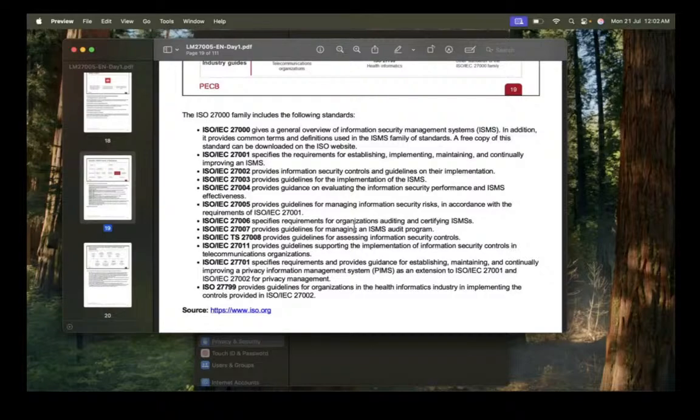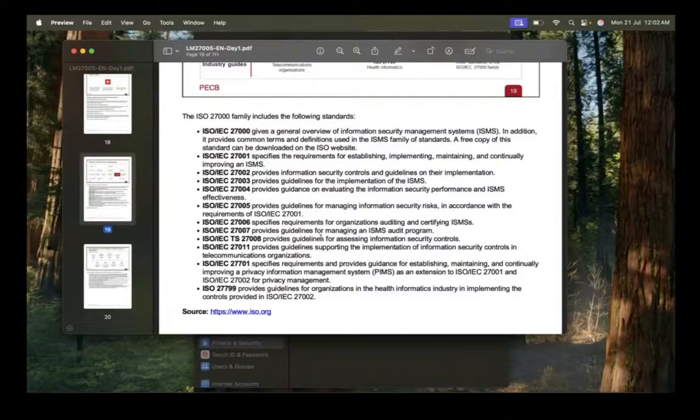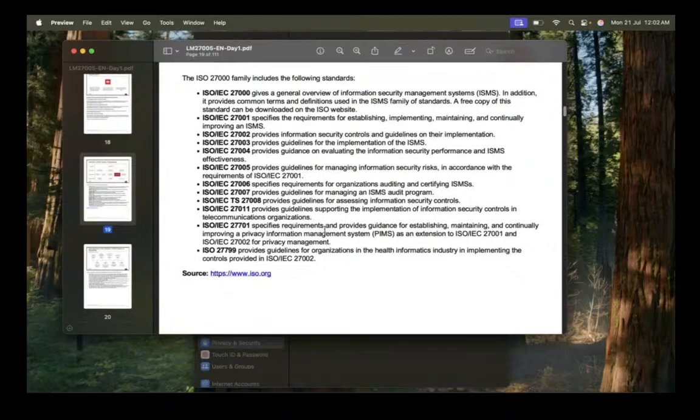As you can see, you can download these also, if you want to go deep into this. Similarly, there are other standards we discussed, like 27001, which specifies the requirements for establishing, implementing, maintaining, and continually improving the ISMS.